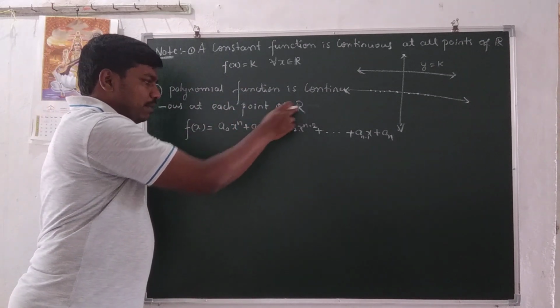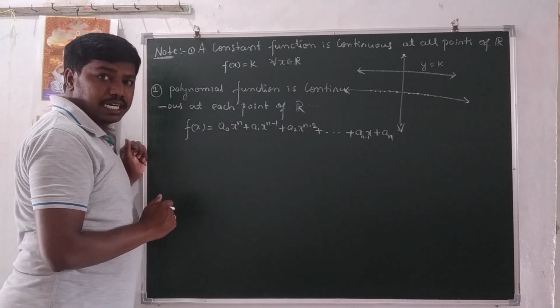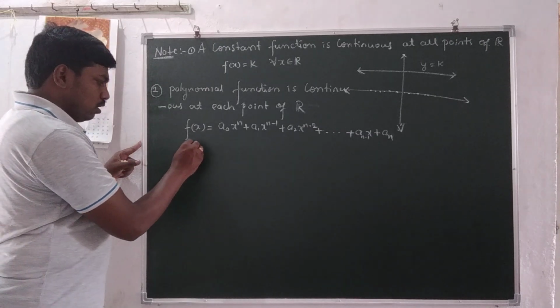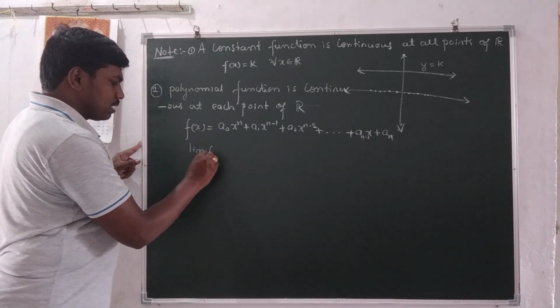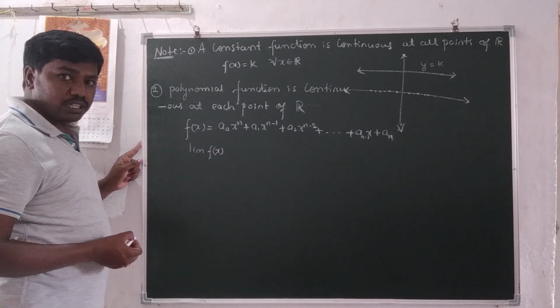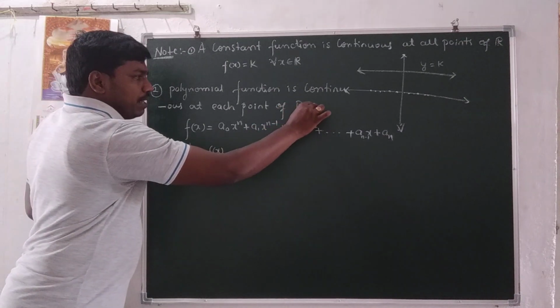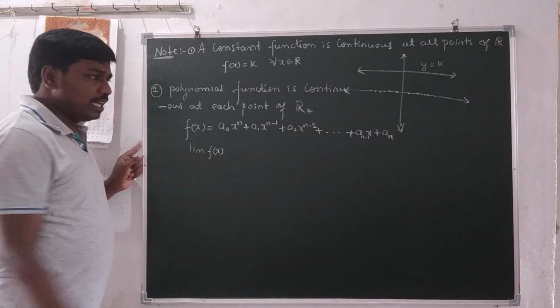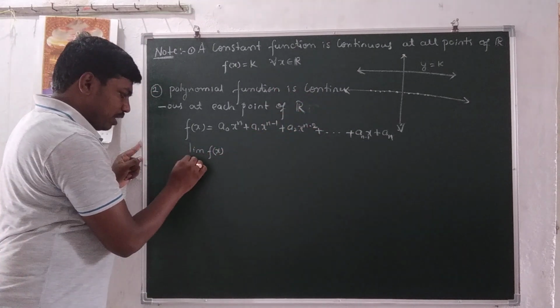In the whole real number set, a polynomial function is continuous, because of the limit of f of x as x tends to c. Choose an arbitrary number.